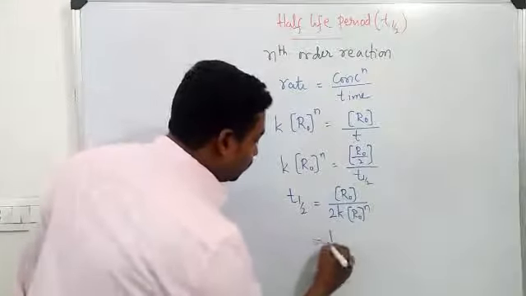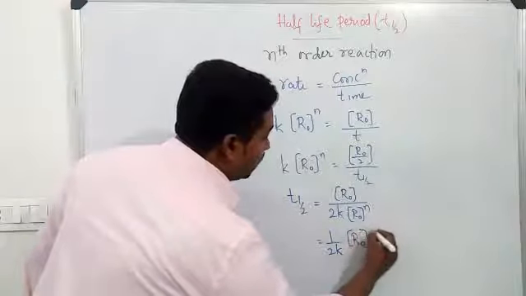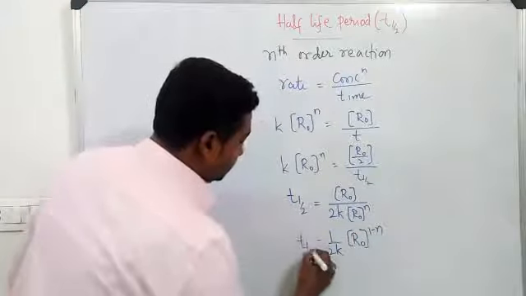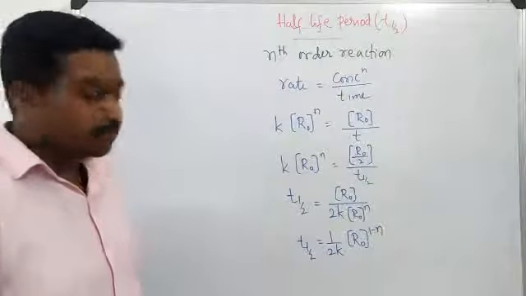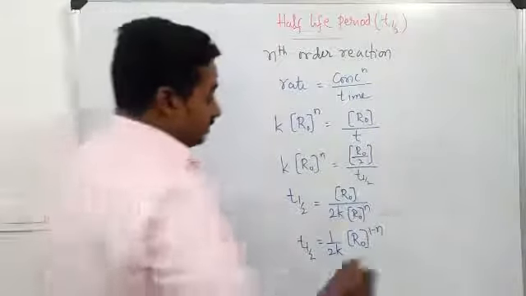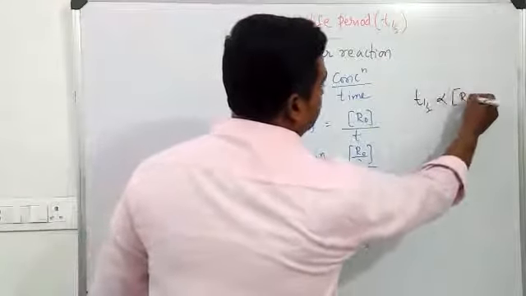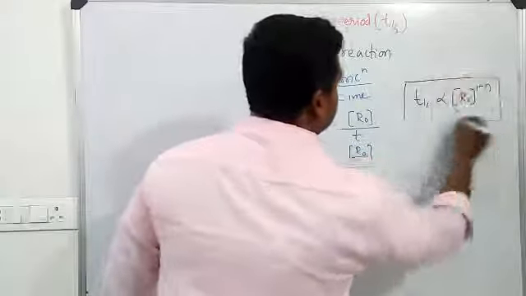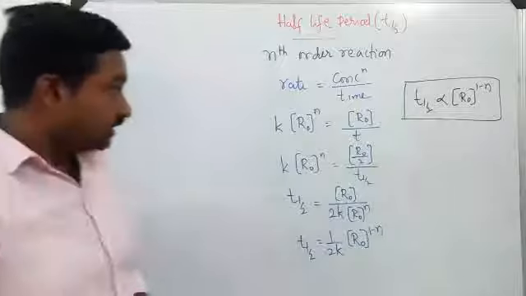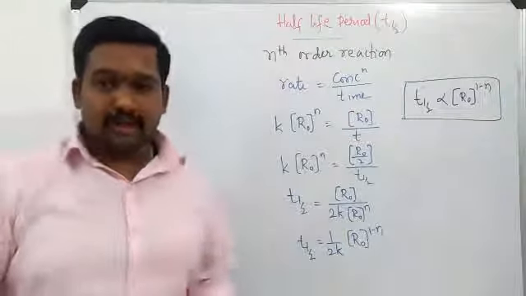You will get 1 over 2k into R naught power 1 minus n. This will be the expression for the half-life of any nth order reaction. In general, t half is directly proportional to R naught power 1 minus n. So this is the generalization of the relation between half-life and initial concentration of the reactant.